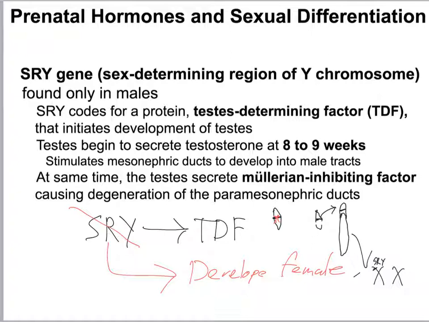And this person would develop with testes. The fact that they're missing all of the other Y genes and that they've got the double dose of X means that they will often develop with somewhat feminized characteristics, but under most circumstances they will be anatomically male because they have the SRY gene.